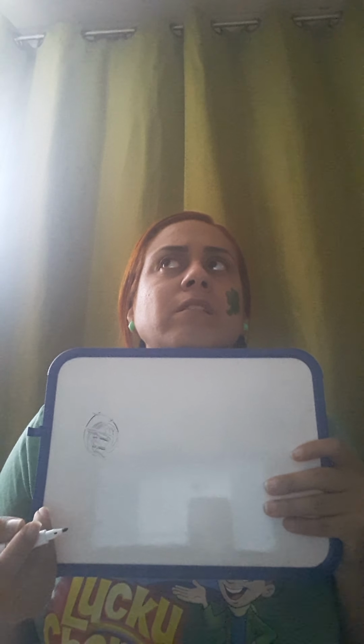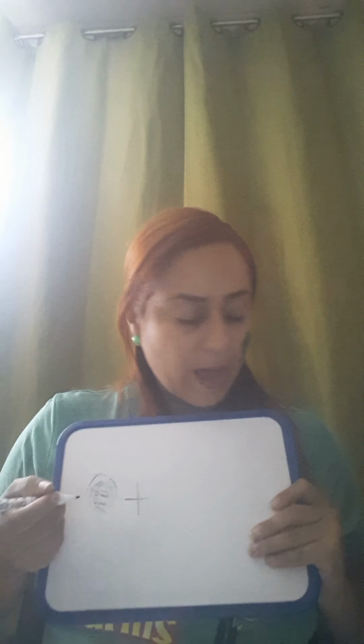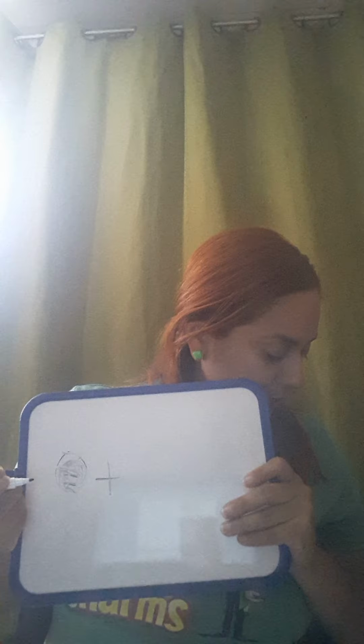So when we invite, is that dividing, multiplying, addition? I'm inviting. Addition. So we're going to put the plus sign. Okay? Now, how many friends did she invite? 3. So let's make 1, 2, 3.